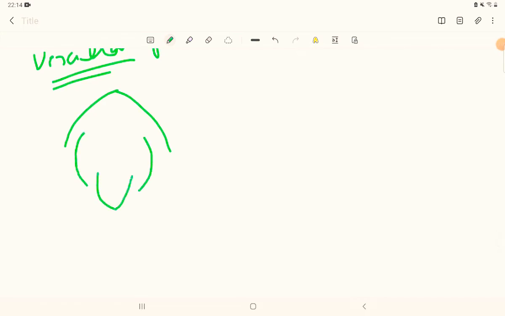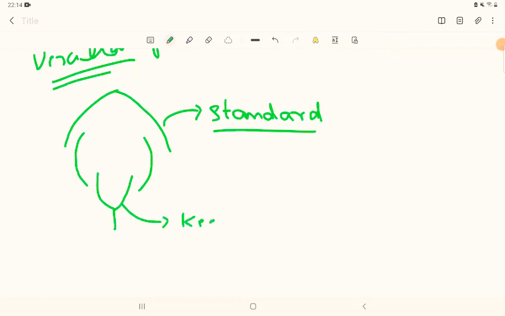The next petal will be like this. This petal is called a standard petal. This last petal is called the keel, and these are called wing or lateral petals. We can see them as wings. Easy to remember: standard petal, wing petals, and the keel petals.